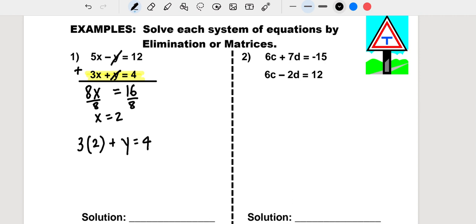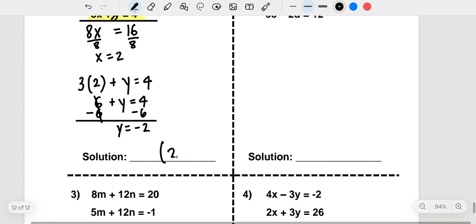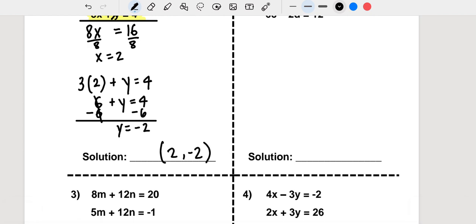So 3 times 2 is 6. And then you subtract 6 because we're going to solve for y. y equals negative 2. So our ordered pair is 2, comma, negative 2. Sorry.